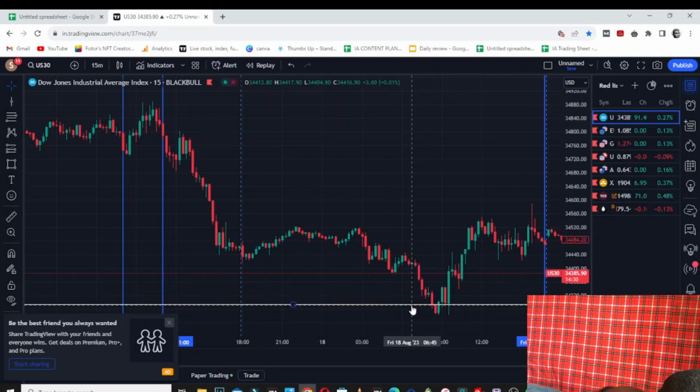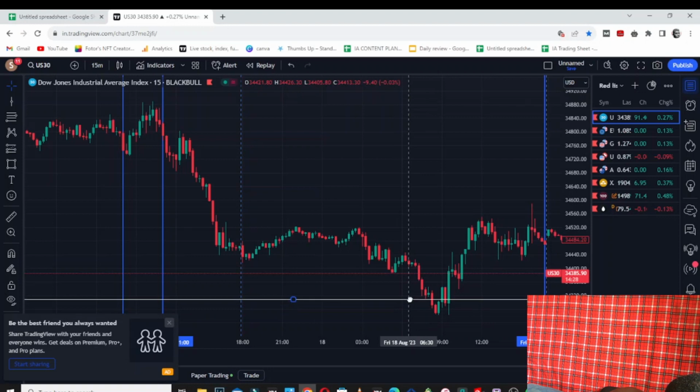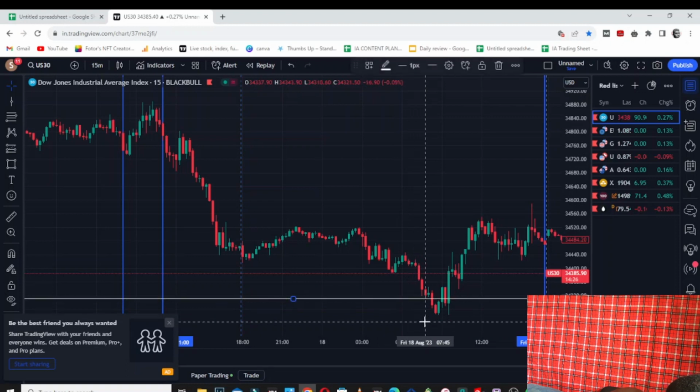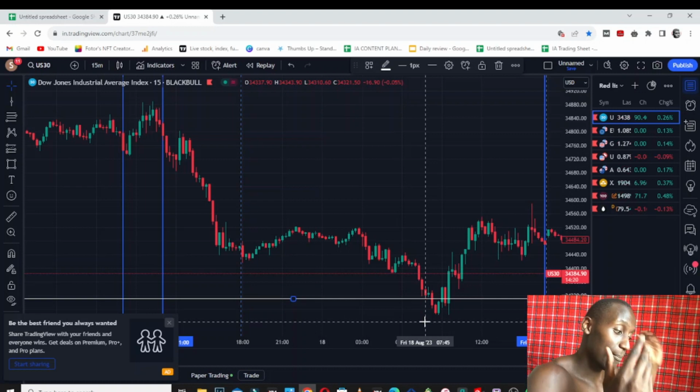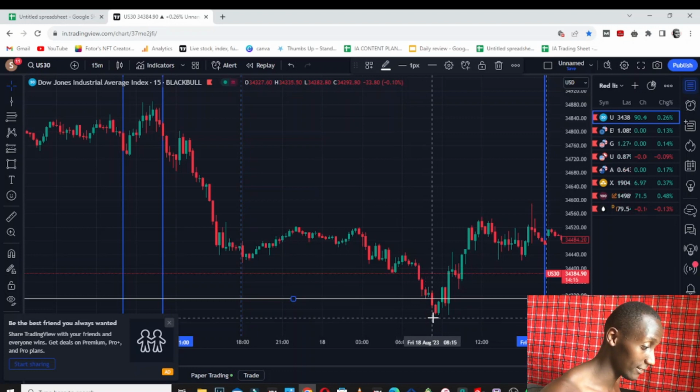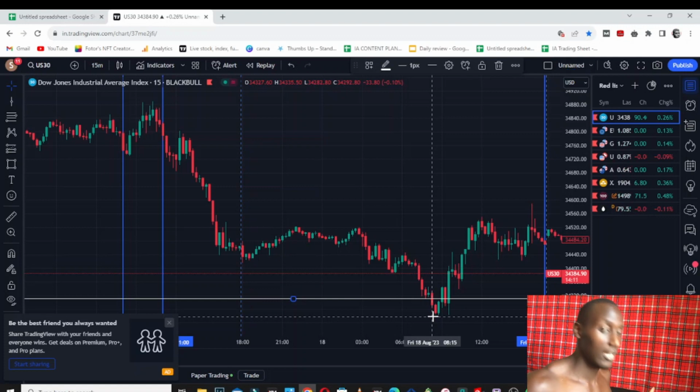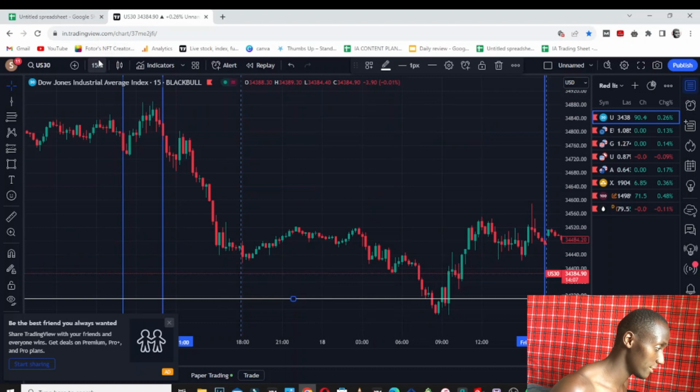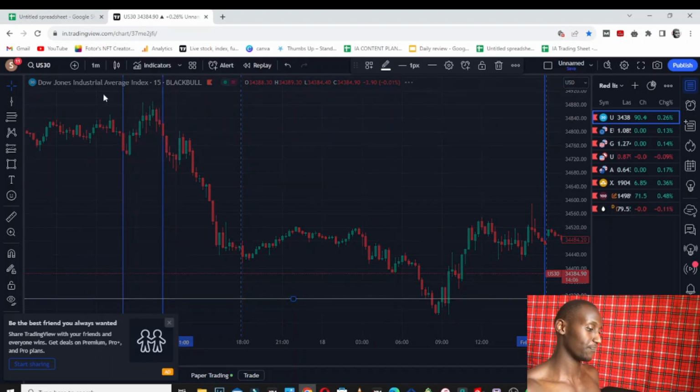So this is our candle, our new low. The low of this candle at 7:45 sets the new low of the week. But we are looking for a breakout, and we have a breakout at 8:30. So once we have a breakout at 8:30, we go now to the 1 minute time frame. Let's look at what happens.